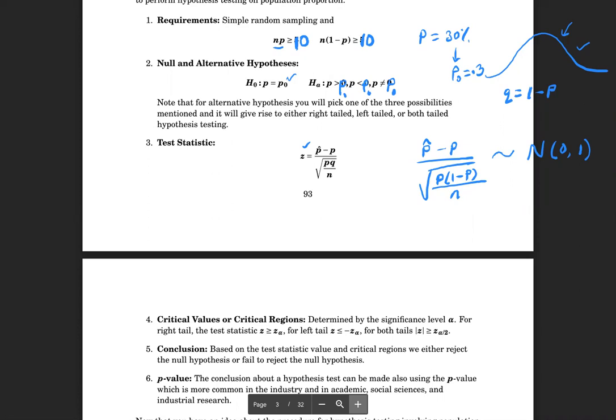As it turns out, using the sampling distribution, if your sampling distribution is bell-shaped, which is ensured by this P hat minus P over the square root of P times 1 minus P over sample size, that has a standard normal distribution with a mean of 0 and a standard deviation of 1.